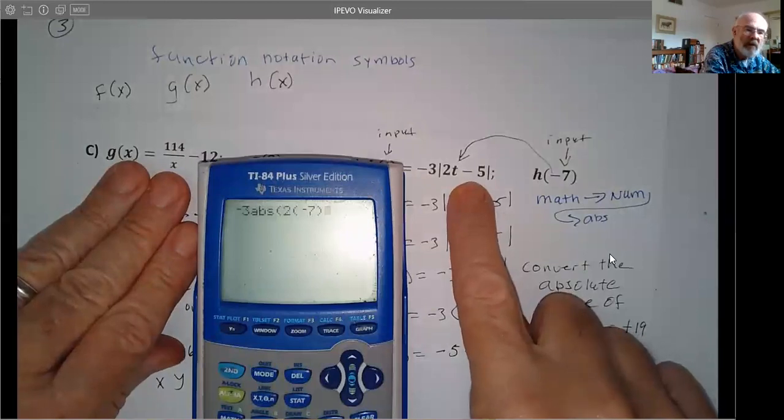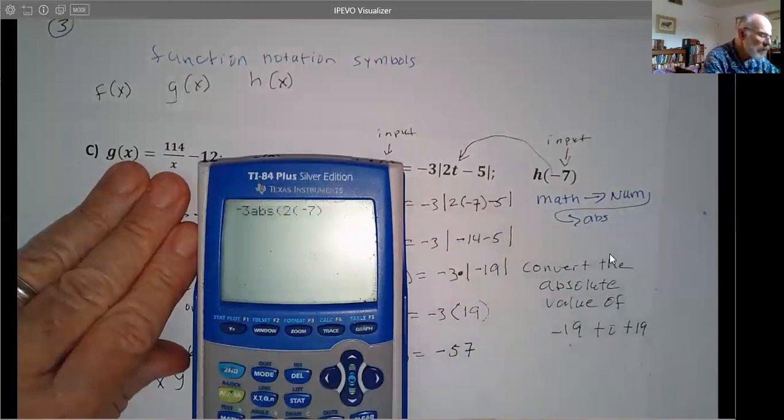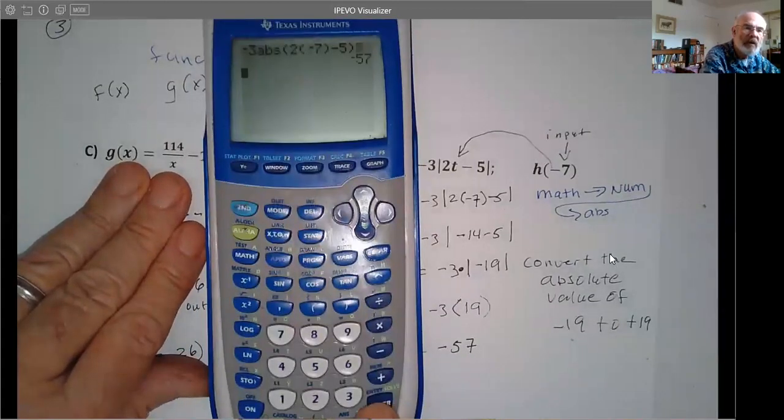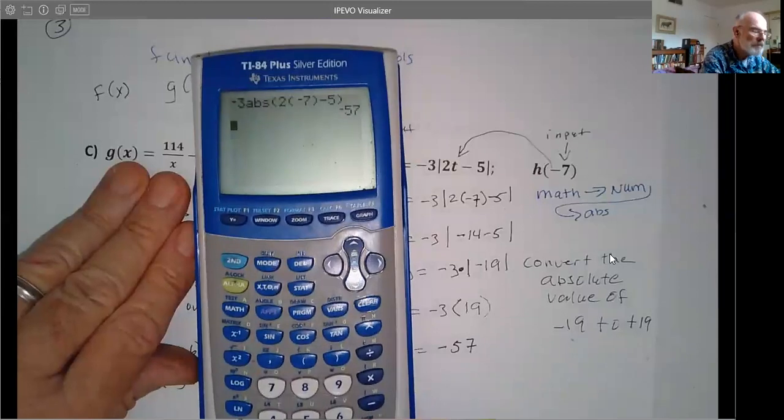So remember, negative 7 is t. So I'm going to put minus and then 5. Then I close the absolute value bracket. When I do that, I click enter at the bottom, and I get negative 57, which is exactly what my answer was.